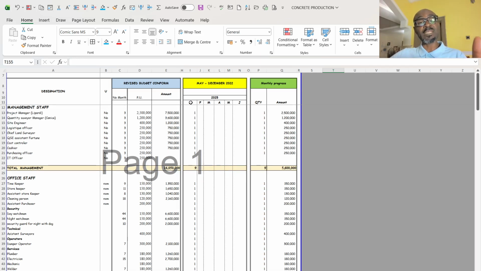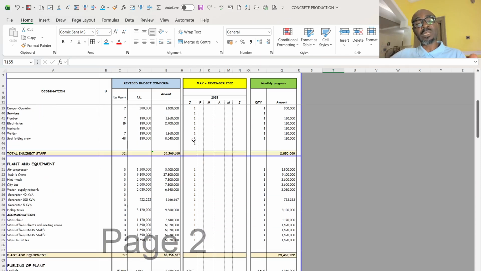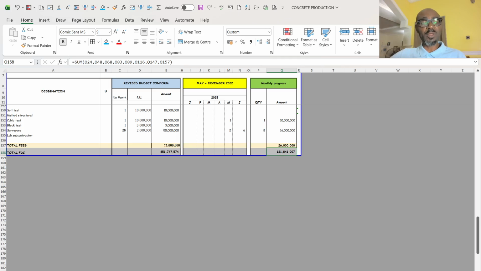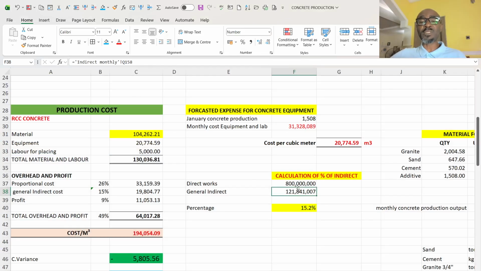Say the calendar is January, February, and March. So I advanced progress in January for all the items. The amount came to 121 million, and the 121 million is what I brought here.